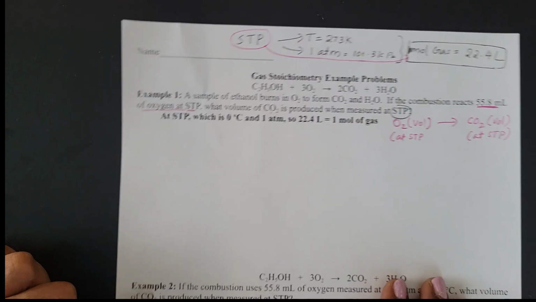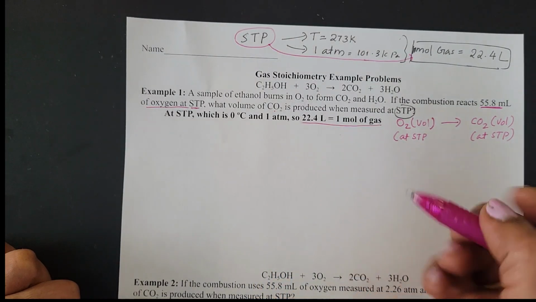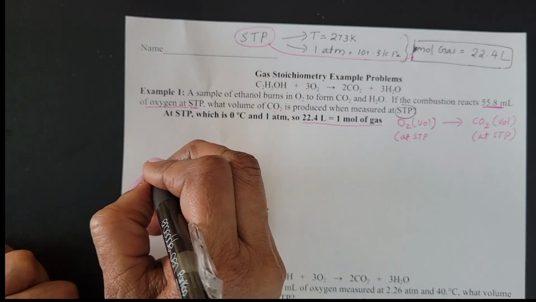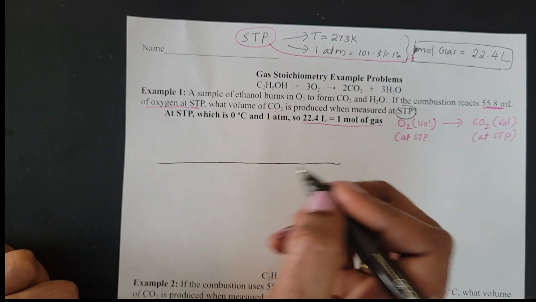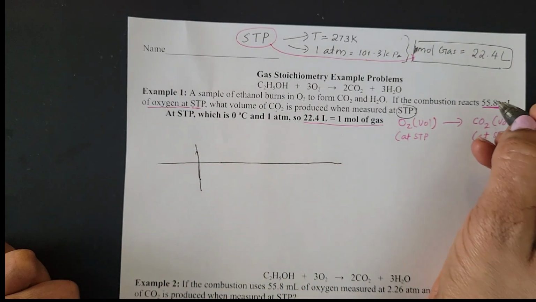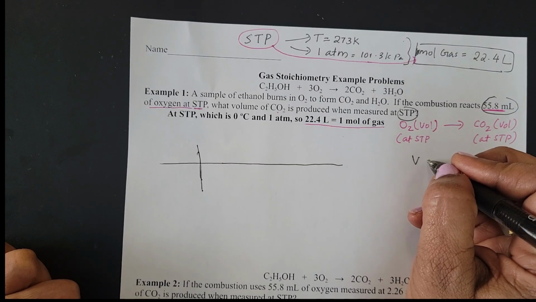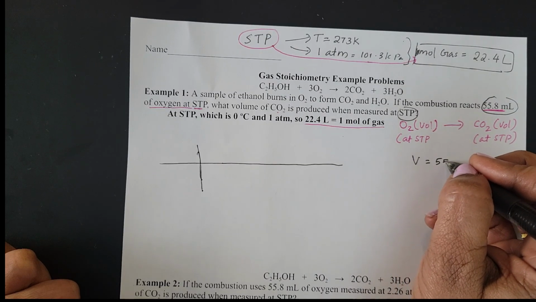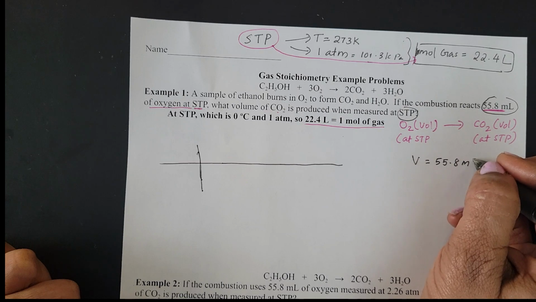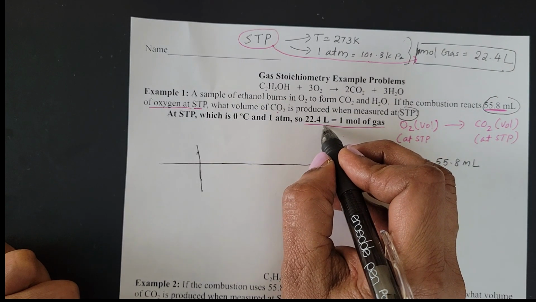It's basically just stoichiometry. You are using this conversion. Okay, so you have to start a T-chart with the given. But there is a problem with the given. Look at the volume. Volume is 55.8 mL. We can't use milliliters because our conversion is in liters.